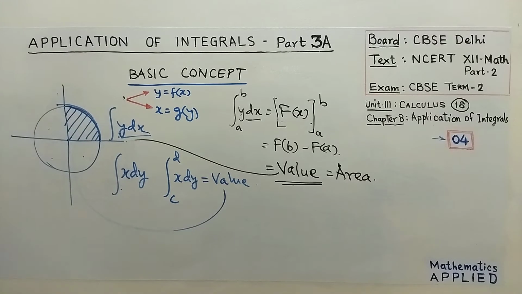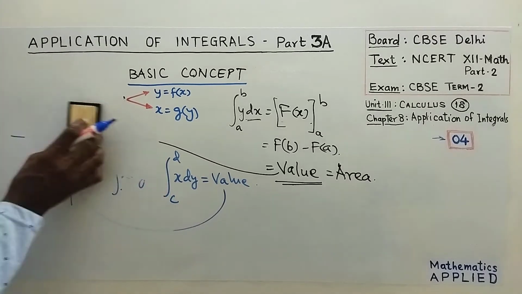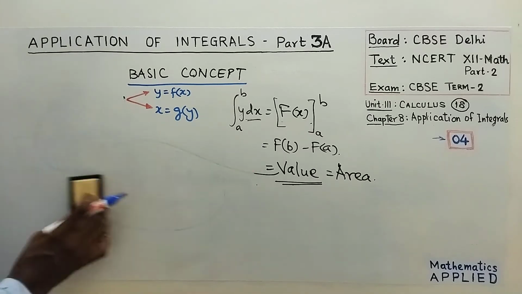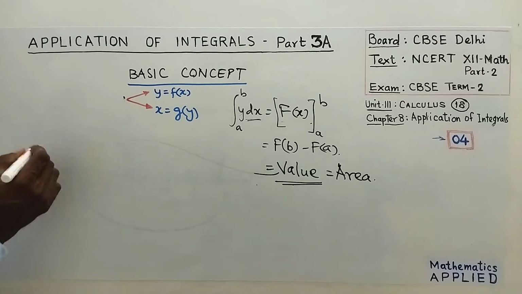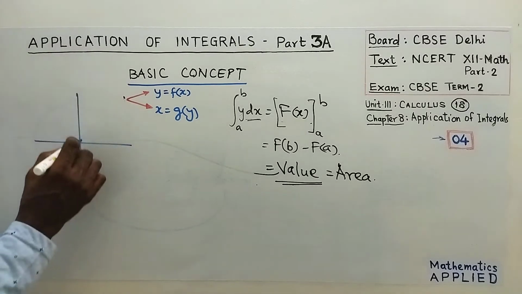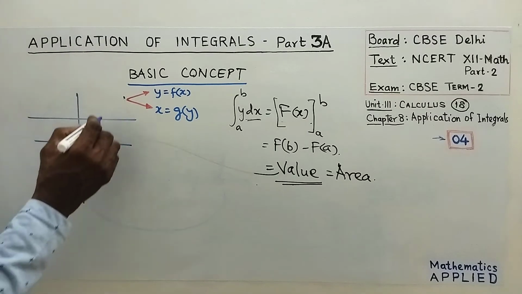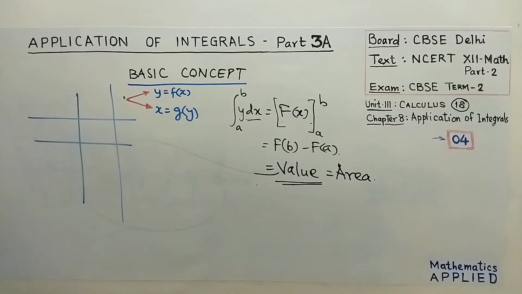If it is a straight line, I want to tell you that also, because there are 3 types of lines. One line is parallel to x-axis, another line is parallel to y-axis, another line is inclined, right?